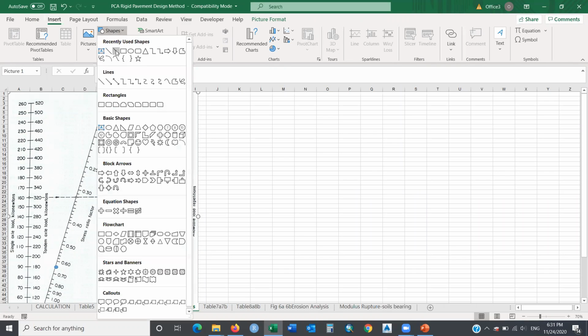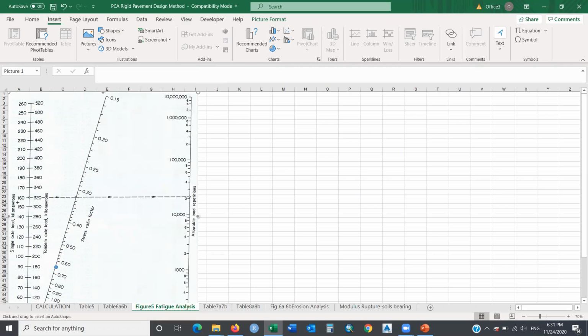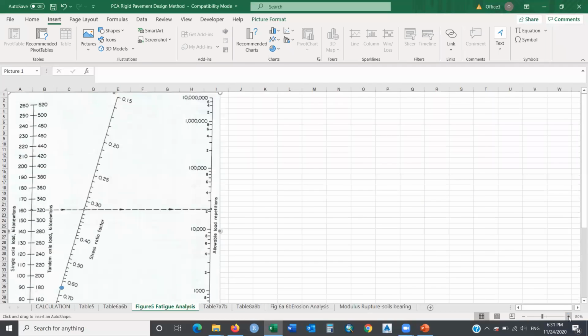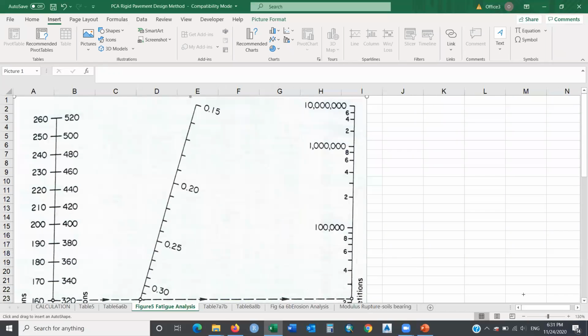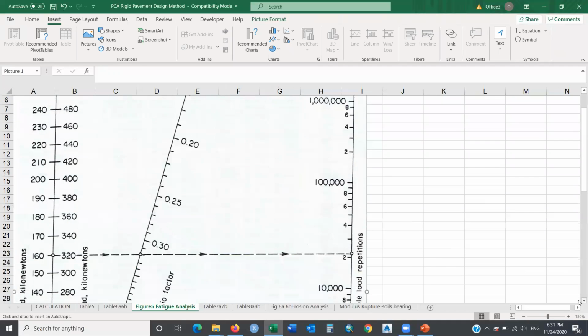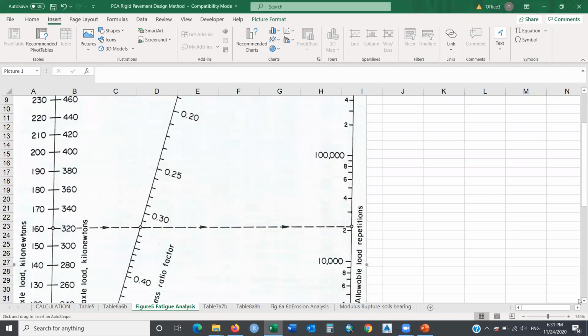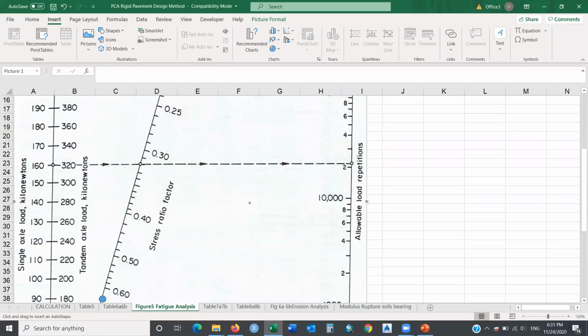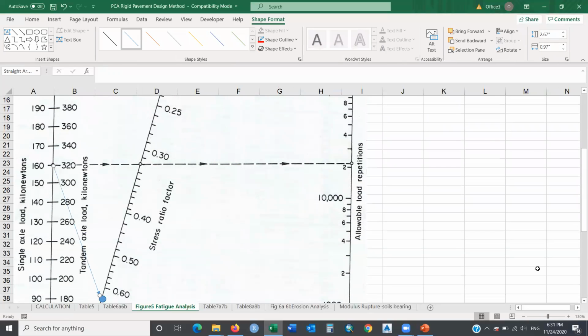Now I'm going to go with the highest weight. My highest weight is the 160. Single axle load in kilonewtons is this one over here. Tandem axle is this one over here. So I go with the 160. And I have to cross through the pivot.